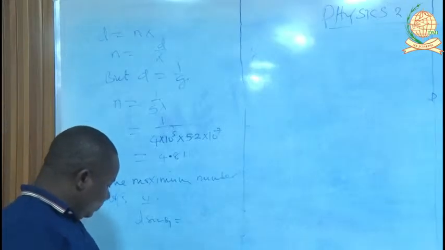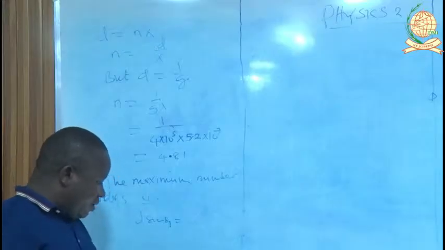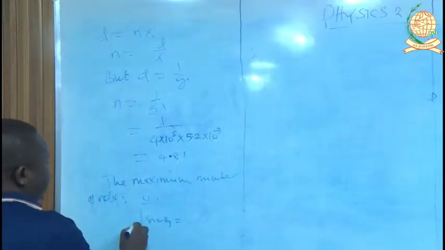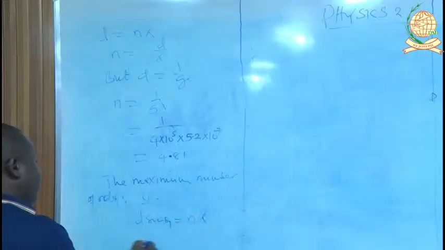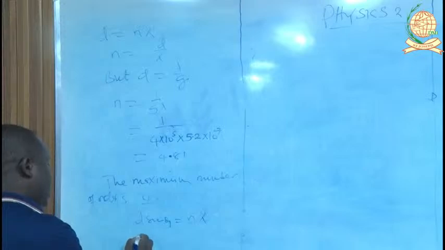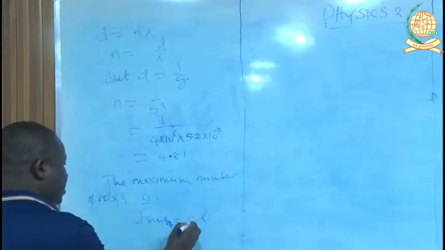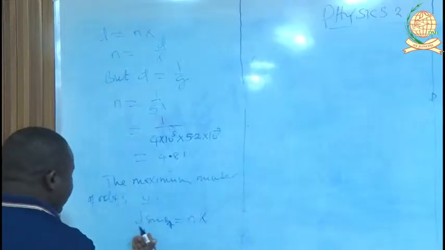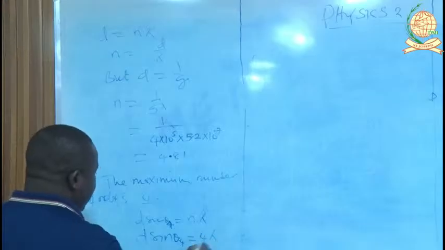Roman 2, find the angular separation between the third and the fourth order image. So again, from d sine theta equals n lambda, for order 4, d sine theta 4 equals 4 lambda.